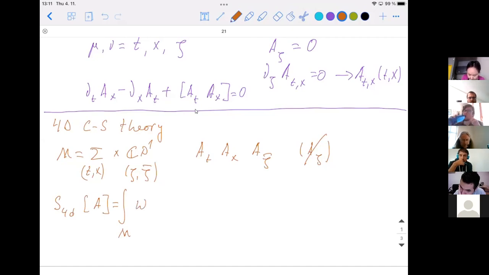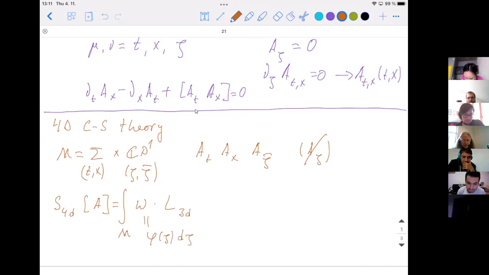This is a meromorphic one-form, and we multiply it with the three-dimensional Chern-Simons action.